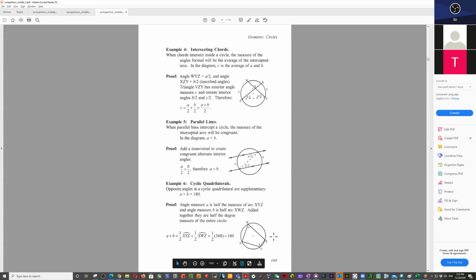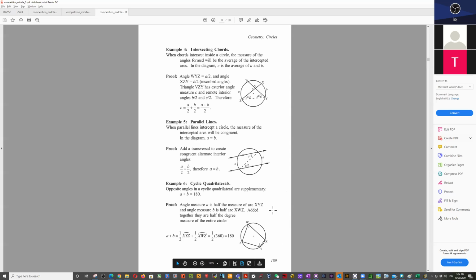This is a special quadrilateral, and the special property is that the opposite angles are supplementary. So W plus Y equals 180, and Z plus X will be 180.